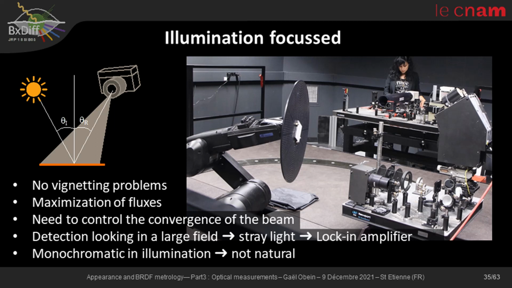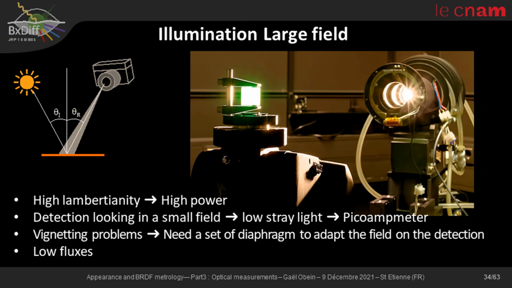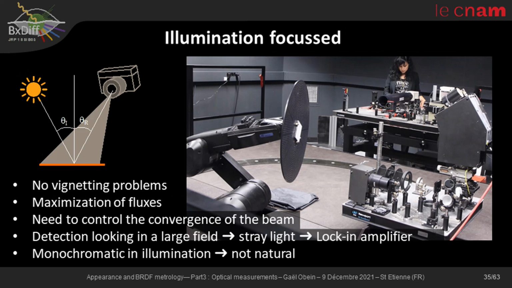You maximize the flux because, in fact, you collect all the illuminated part. That's what I forgot to say here. For this part, you have only one part of the illuminated surface taken into account. In this way, because you look at a large field, you collect all the surface, you maximize the flux.